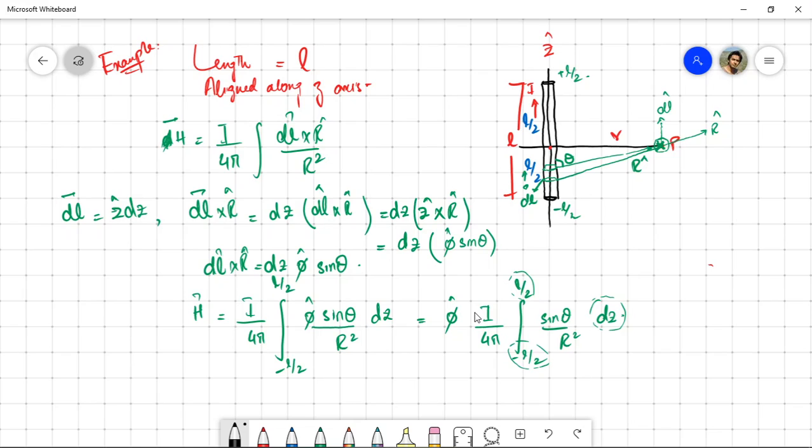In that diagram we'll have to see what limits of theta can give us the values for this whole conductor. So if this is the conductor, we'll draw this once again.